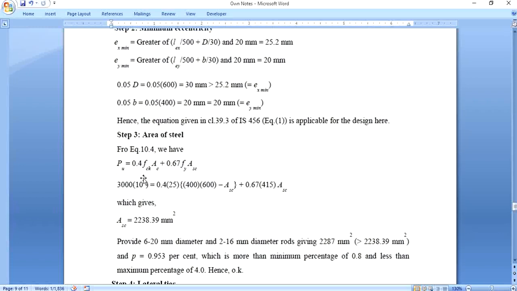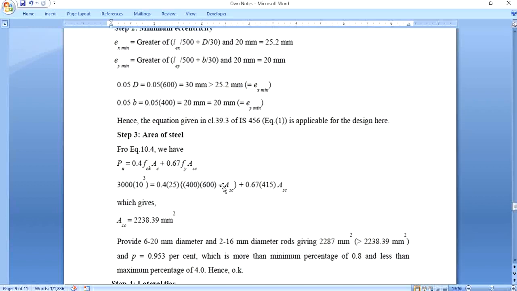So 3000 into 10 to the power 3 is equal to 0.4, which I am going to keep as it is, FCK is 25, that is the grade of concrete. AC is the area of concrete, that is 400 into 600 minus the area of steel, remember this. We have to subtract ASC because 400 into 600 gives us the gross sectional area.